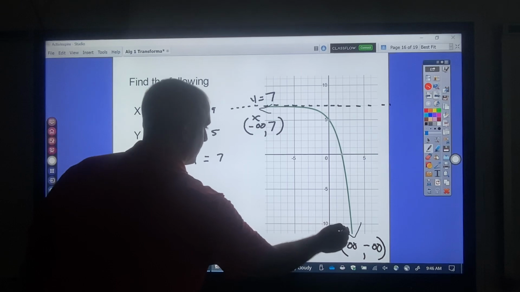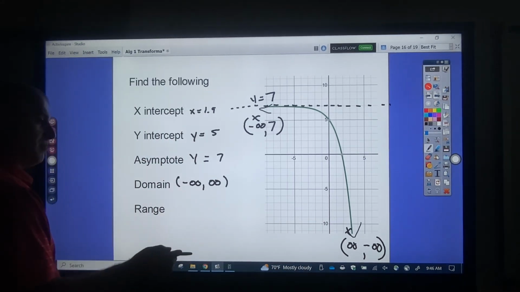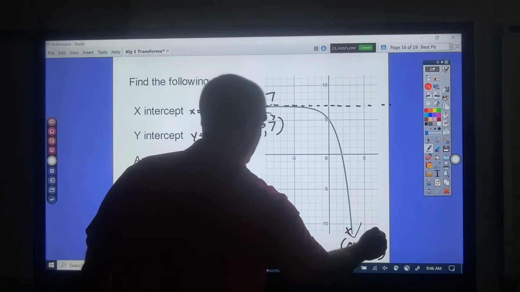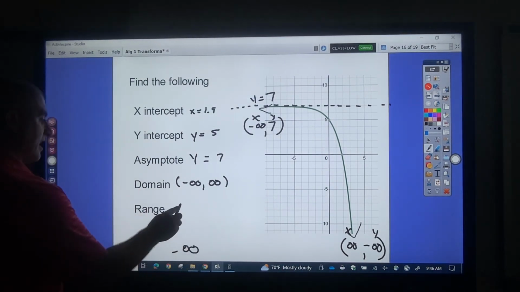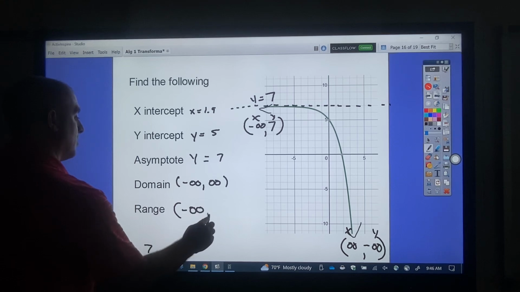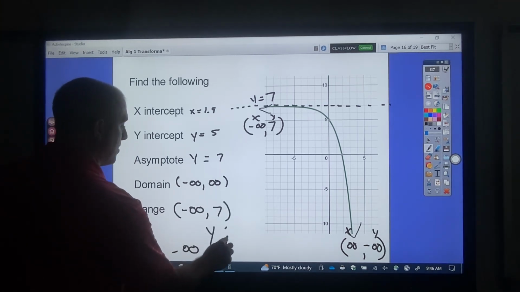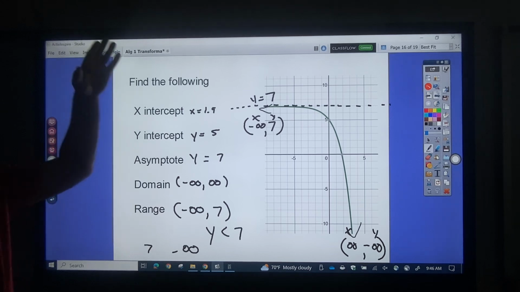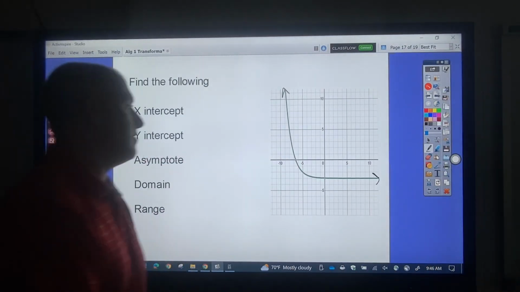So this is my x. Smallest x is negative infinity, biggest is positive infinity. It's all real numbers. That's y and y. So I got 7 and negative infinity. Now in this case, negative infinity is the smaller one. The bigger one is 7, once again, because it comes from an asymptote. This would be y is less than 7 because the graph goes below. Okay? So the curve refers to that inequality underneath.